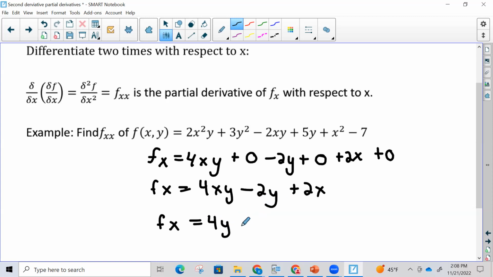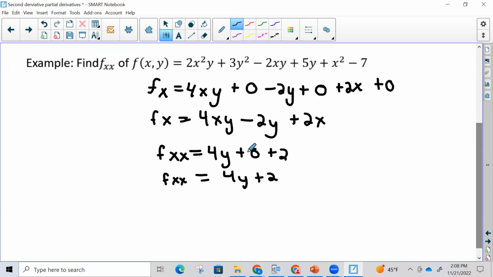Minus 2y is a constant, so we have 0, and then 2x is 2. So f of xx is equal to 4y plus 2. This is the second derivative with respect to x both times, and it's called a second order partial derivative.